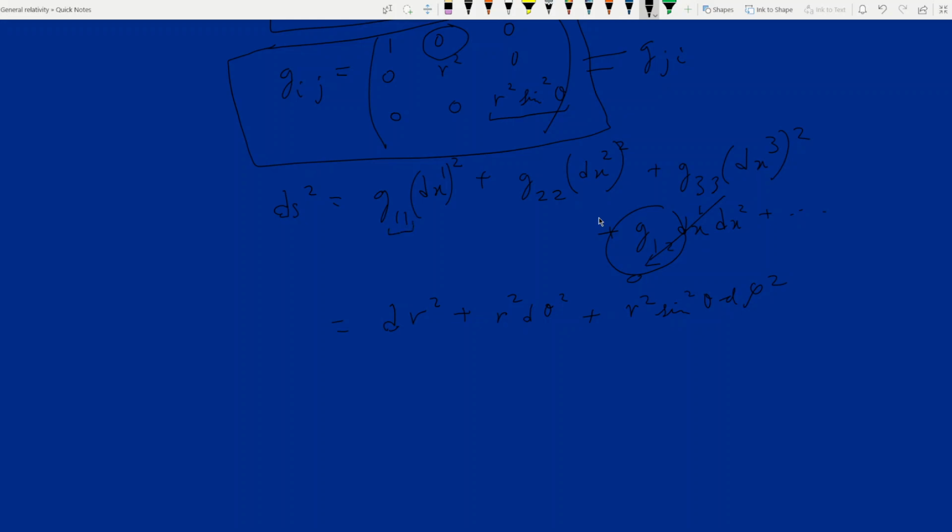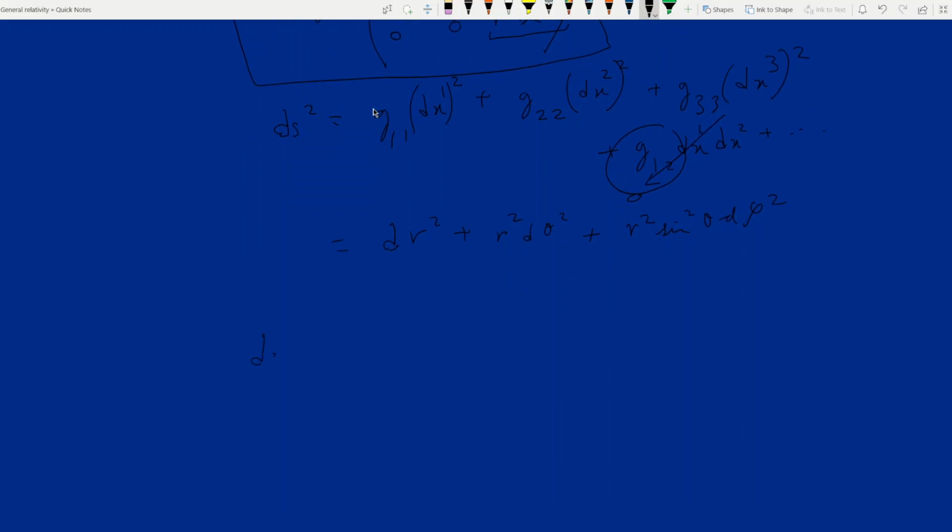Say this is g11. Say we had ds squared equals g of 1 primed 1 dx1 squared plus dot dot dot. Well, 1 primed, I'm just distinguishing the two ones, right?